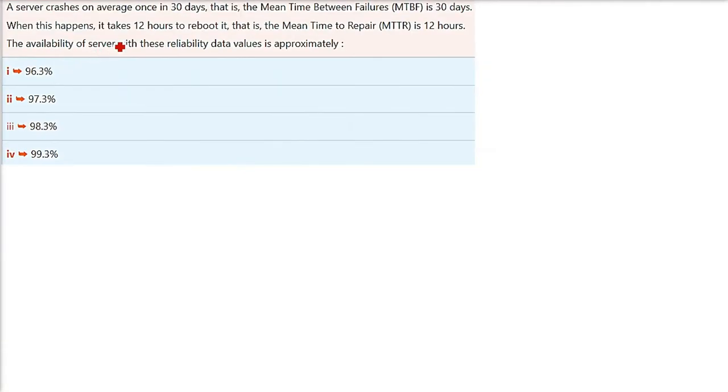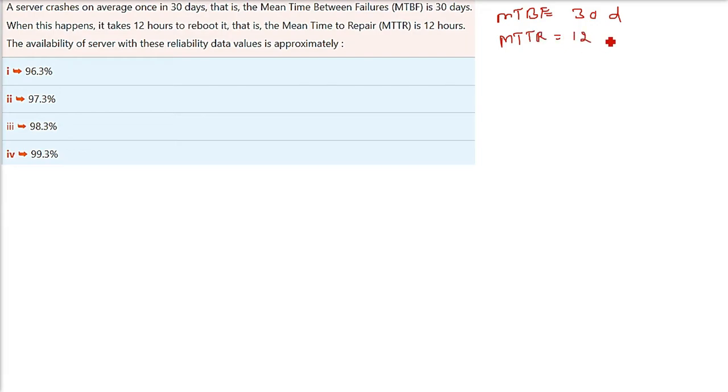A server crashes on average once in 30 days. That is, the mean time between failure, MTBF, is 30 days. When this happens, it takes 12 hours to reboot it. That is, mean time to repair, MTTR, is 12 hours.